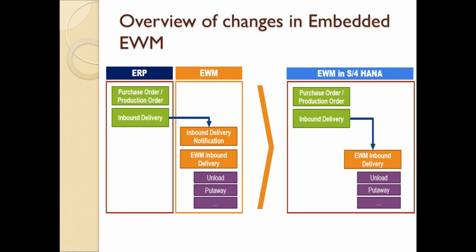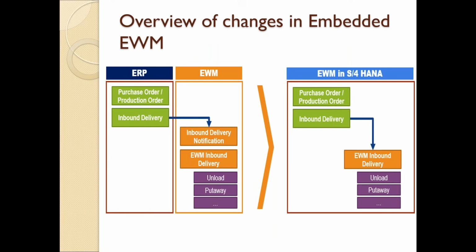The creation of an inbound delivery can happen through your purchase order or your purchase requisition or whatever it is. Once we create an inbound delivery in the ERP system, it gets transferred to your EWM as a notification, followed by an inbound delivery, followed by your warehouse activities. This notification is just a replica of your inbound delivery in the EWM system.